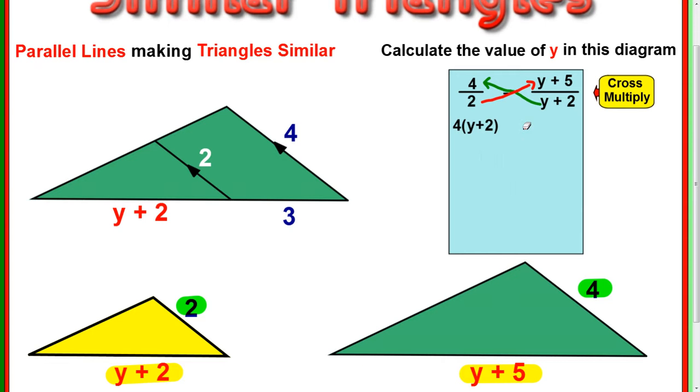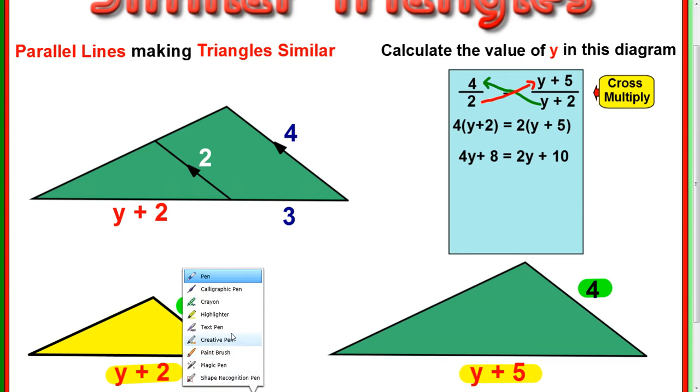So put the y plus 5 in brackets and put a 2 in the front. And that's how you get rid of the fractions. So times this side out, 4 times y and 4 times 2, so that's 4y plus 8. And 2 times y and 2 times 5, so that's 2y plus 10.